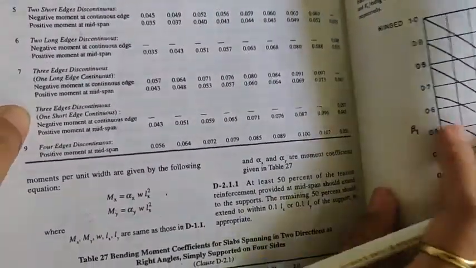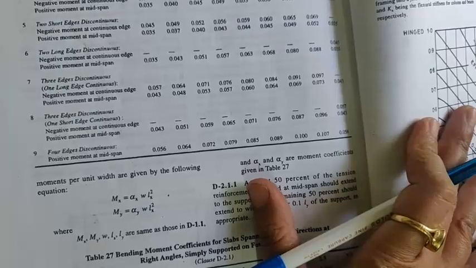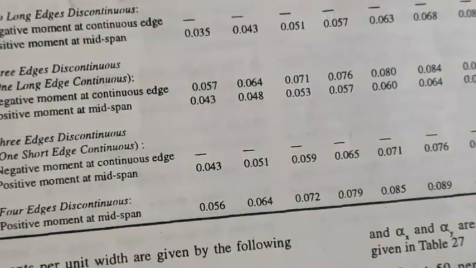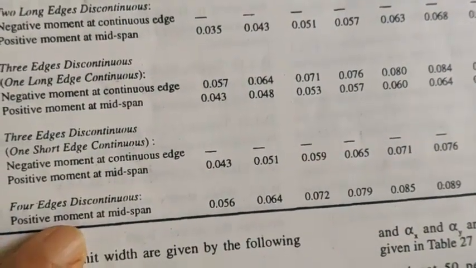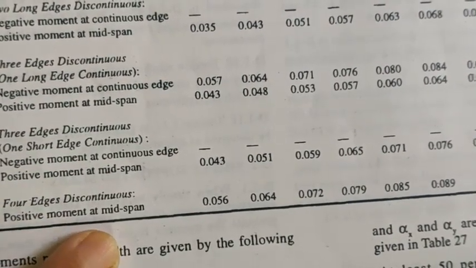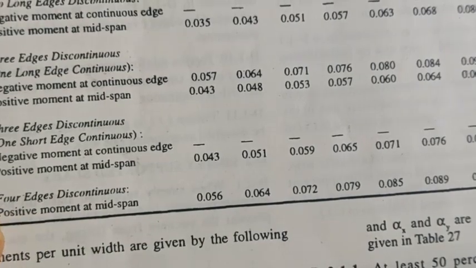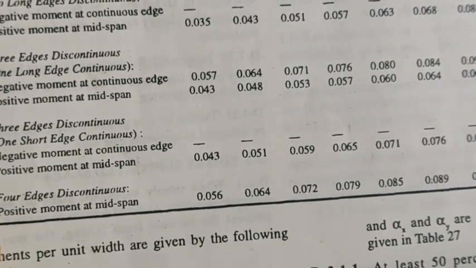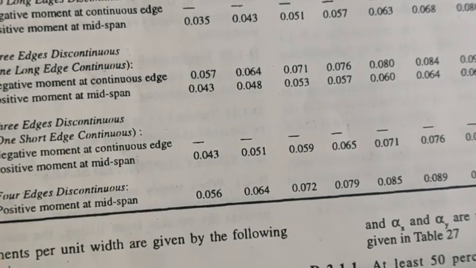Okay. So if you look at this particular case 9, it is 4 edges discontinuous. It will have only positive moment because this is discontinuous at the 4 edges, so it means it is simply supported along both ways.